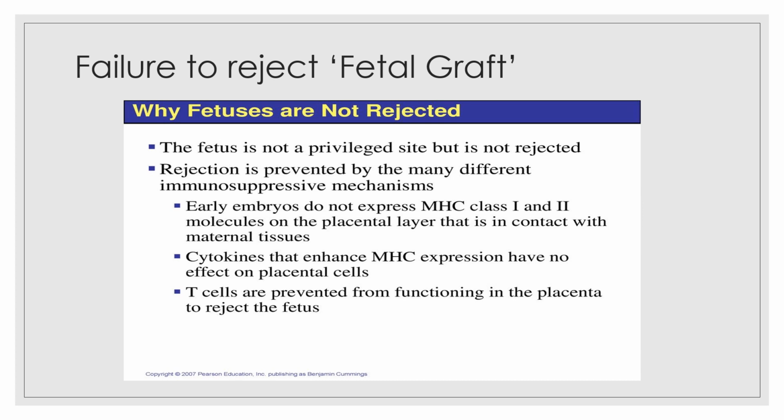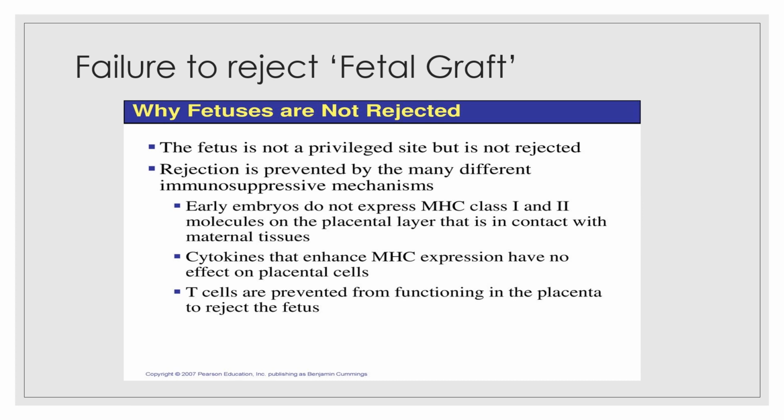We have to immunosuppress the patient so that the graft rejection should not take place. But what is happening in case of mother and the fetus? Fetus and mother are two genetically distinct individuals. But this transplant is very well tolerated in the body. The way the fetal graft is protected, this is very interesting.